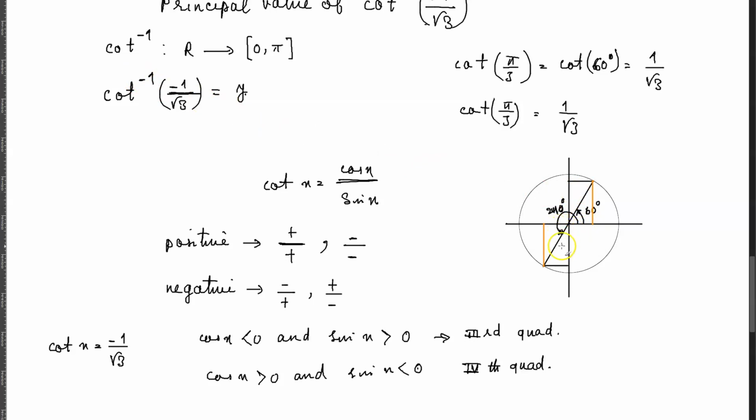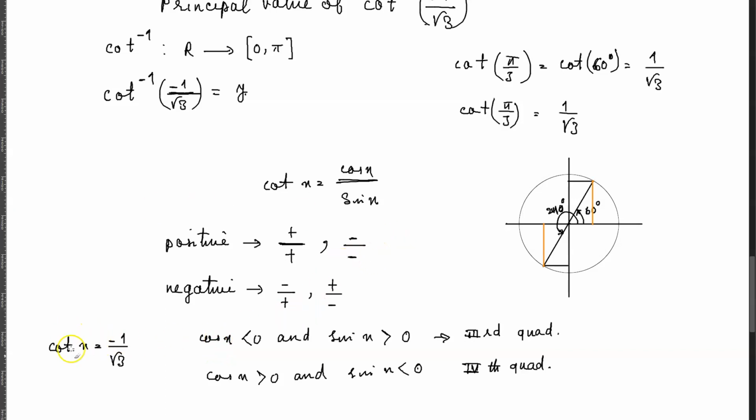But over here, your cos is negative, sine is negative, and therefore again the cot would be a positive value, which means that I have made a mistake over here, right?